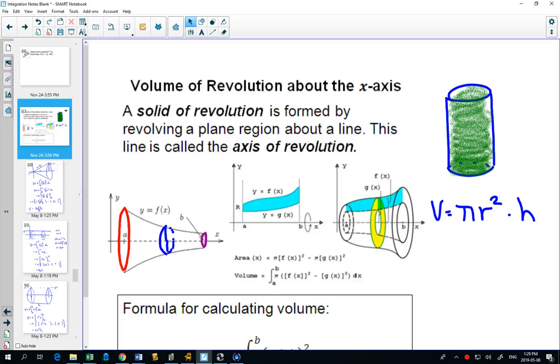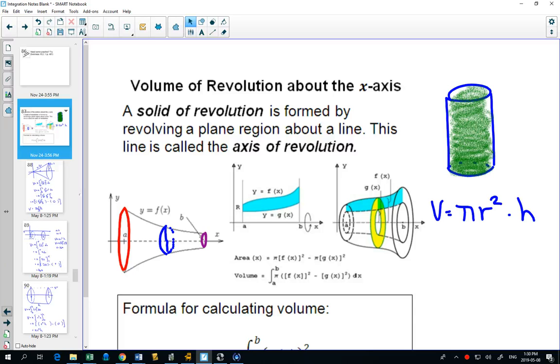You could have a function for the outside of the bell, figure out its volume of the whole thing, and then find a function for the inside of your bell and figure out its volume, and take the one volume and subtract the other volume, and you would get the volume. You could get a volume formula for a bell. That's cool.